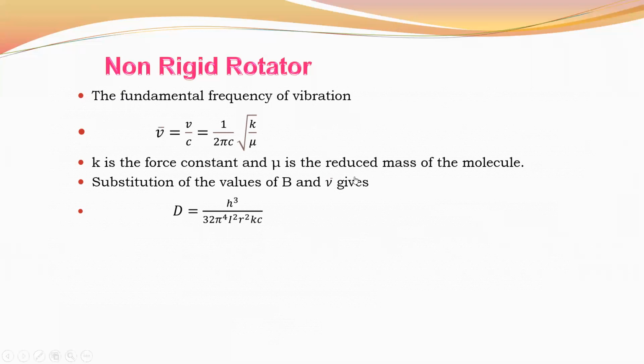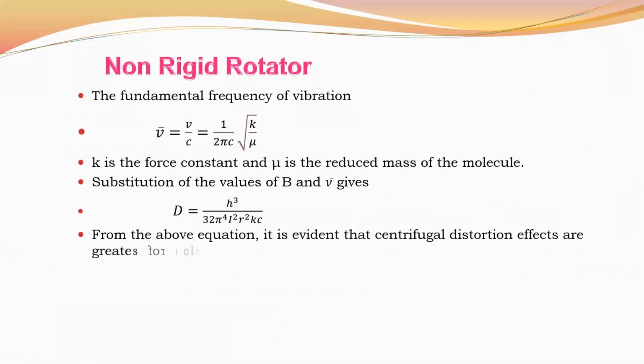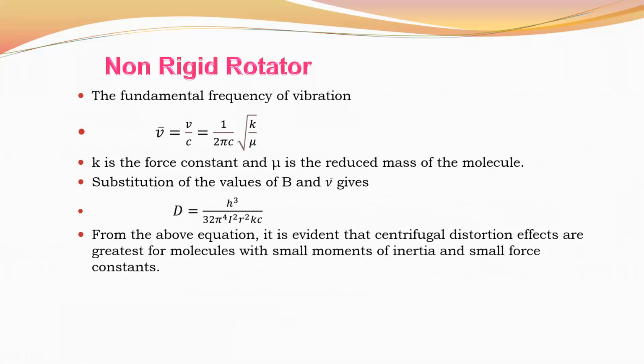It is from the expression D is equal to 4B cube divided by nu bar square. From the above equation, it is evident that the centrifugal distortion effects are greatest for molecules with small moment of inertia and small force constant.